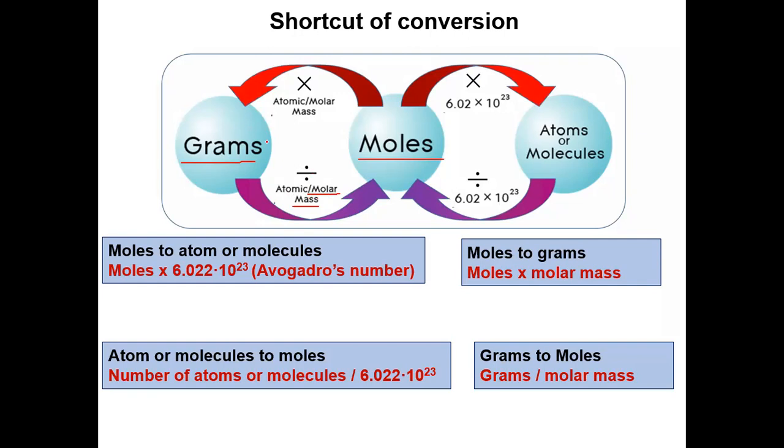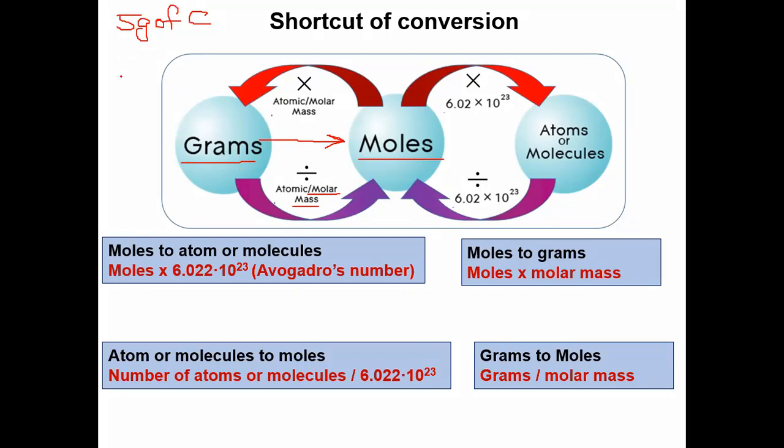Say you have 5 grams of carbon. How do we move from grams to moles?